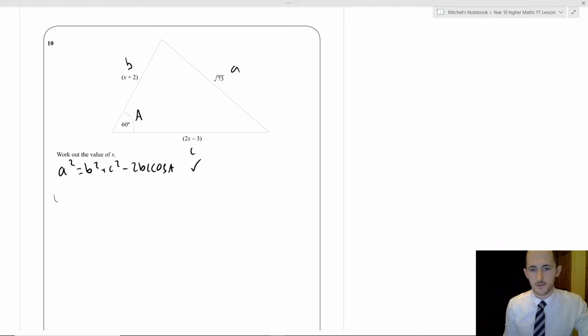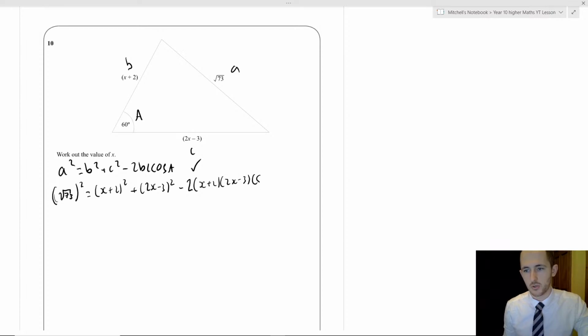So we have square root 73. Oh my god, I'll rewrite this with better handwriting, I promise. B squared, so that's x plus 2 squared, plus c squared, which is 2x minus 3 squared, minus 2 b, which is x plus 2, c 2x minus 3, cos 60.